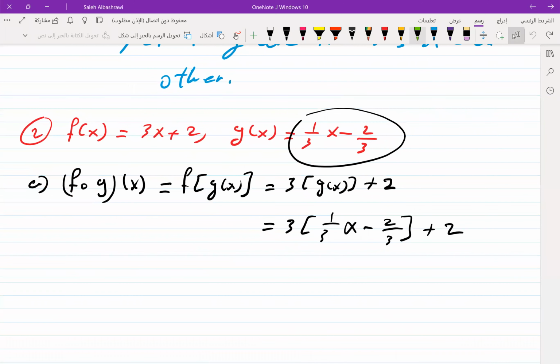Now distribute the product: 3 multiplied by 1/3 x, minus 3 times 2 over 3, plus 2.